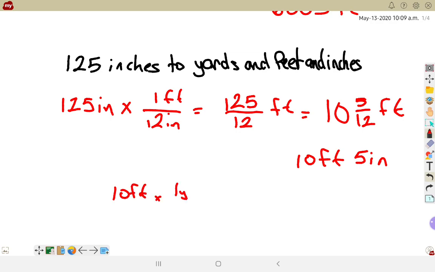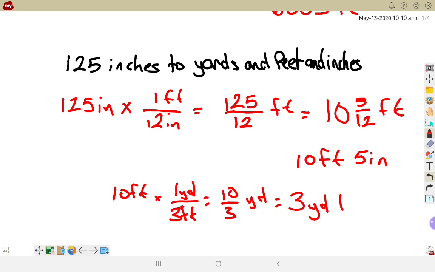Now, hopefully you don't need to write out this conversion. It should be easy enough to know that that gives you 3 full yards and 1 foot left over. So now I get 3 yards, 1 foot, and then I still had my 5 inches from before.